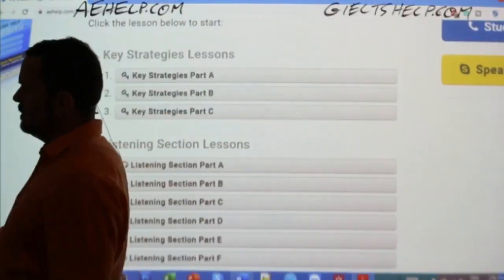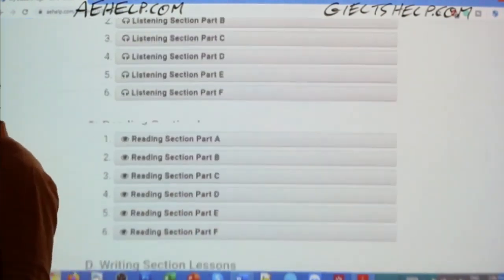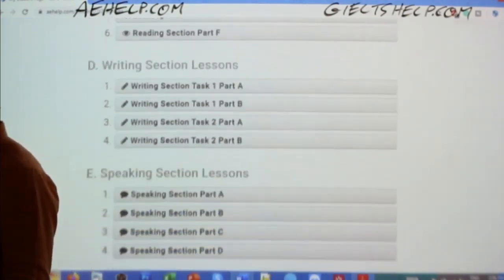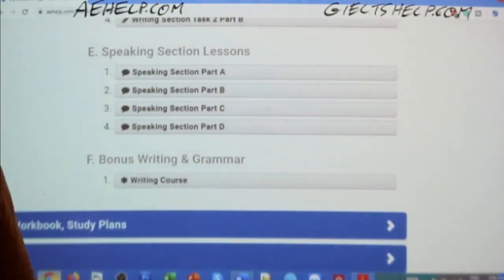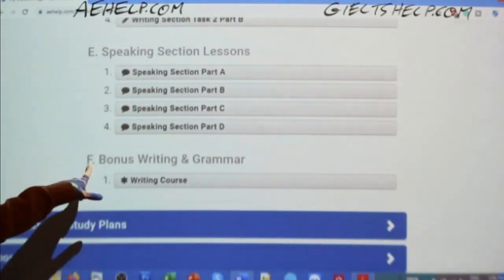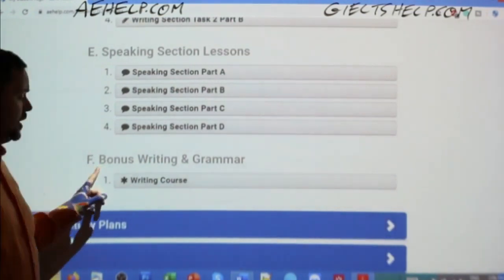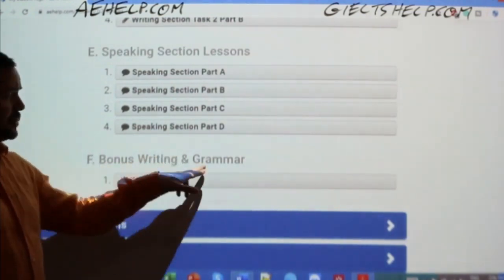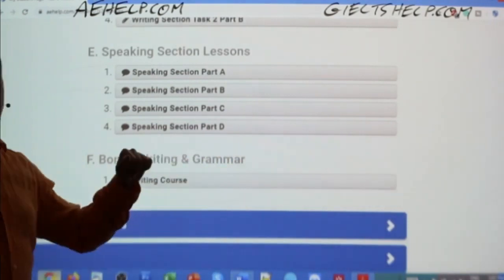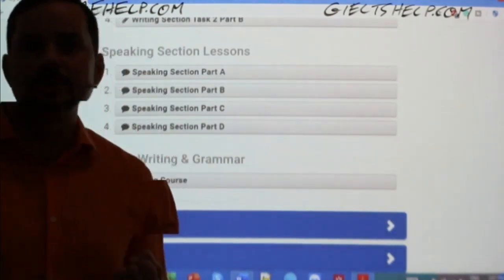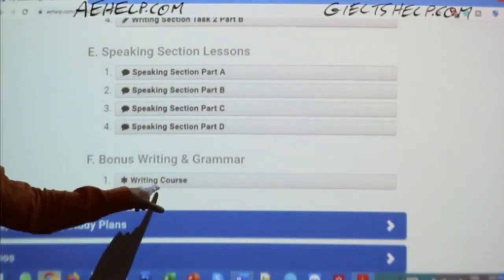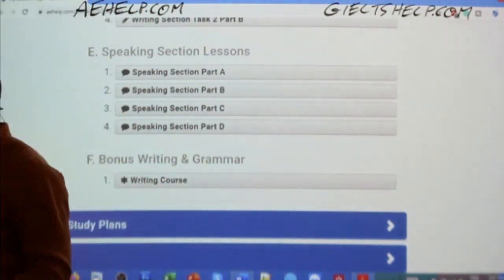And then you keep going along, and you'll get into the writing lessons, the speaking lessons. Of course, it's in the same order as the exam. And the last one, the F1 here, the bonus writing and grammar, okay? We took a very communication-based approach to develop this lesson, meaning that it's not like the grammar books that you see in your bookstores.